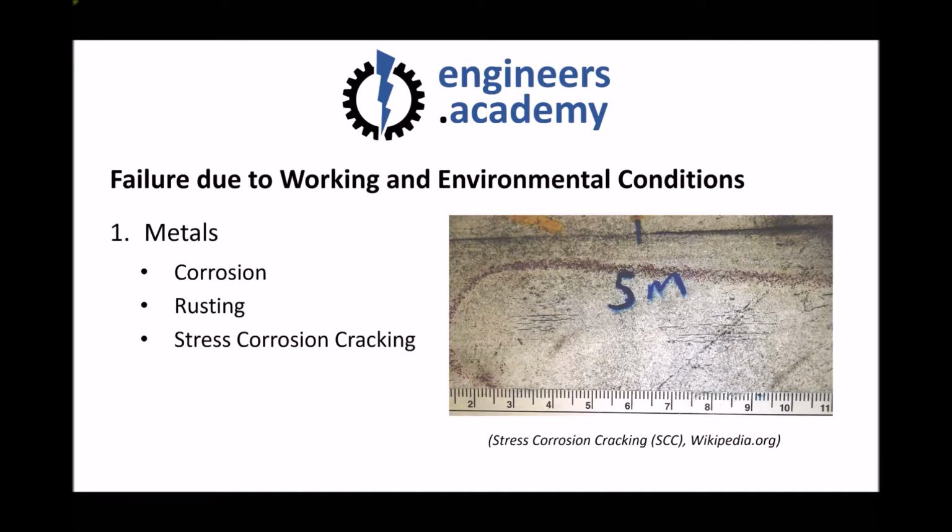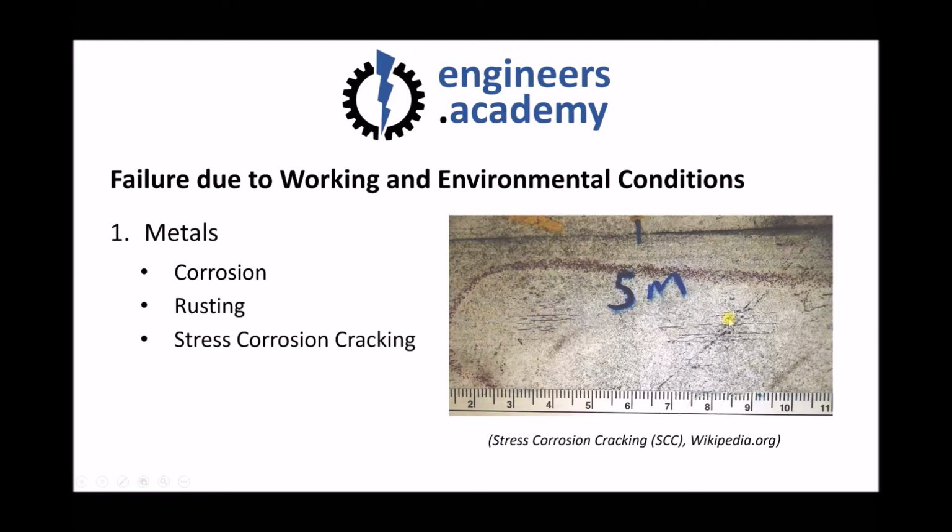Now, another type of corrosion to consider is something called stress corrosion cracking. And when we looked at non-destructive inspection techniques, we looked at how these types of defects can be found using magnetic particle inspection. But what we need to do is understand why these stress corrosion cracks occur. And the name indicates the reason: stress and corrosion.